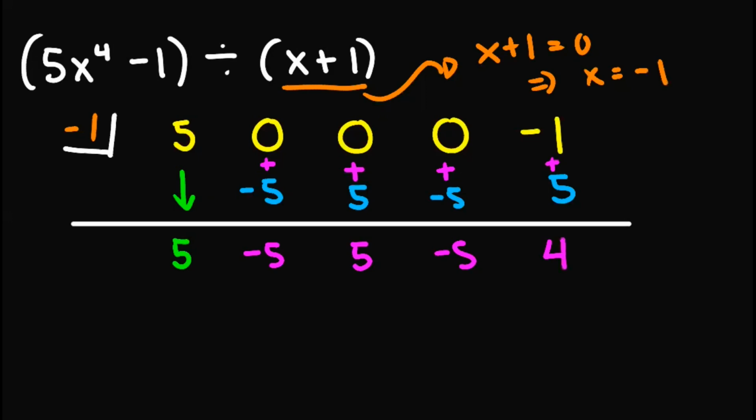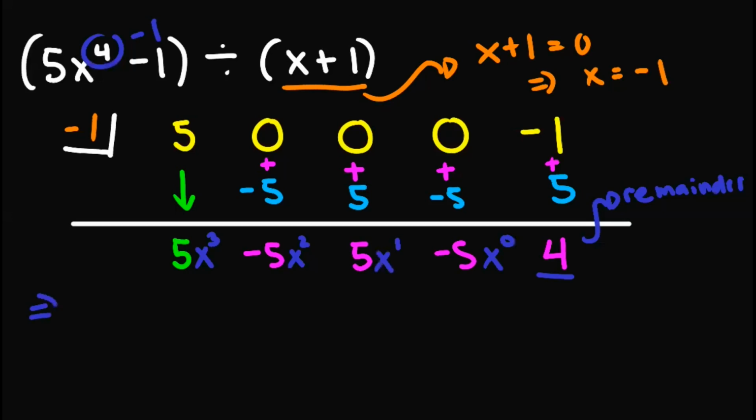And so we have now arrived at the coefficients of the quotient with the remainder of 4. Since the degree of our dividend is 4, we subtract 1, so this will be 5x cubed, negative 5x squared, 5x raised to 1, and negative 5x raised to 0.